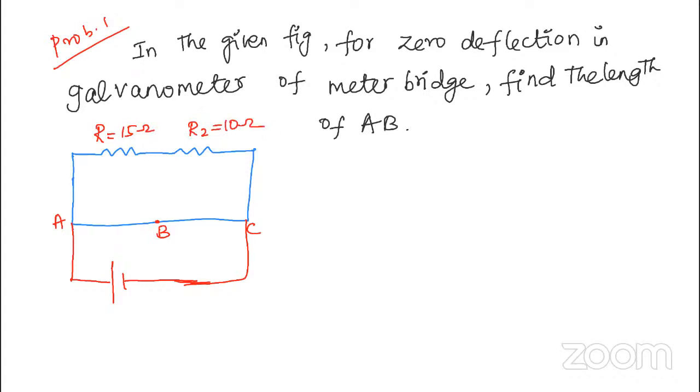Okay, so now the galvanometer G is connected through the resistance. Okay, so the balancing length, we have to take it as from the end A to B, it is L. And what about the BC? BC's value, it is 100 minus L.